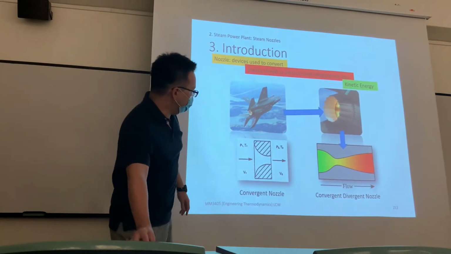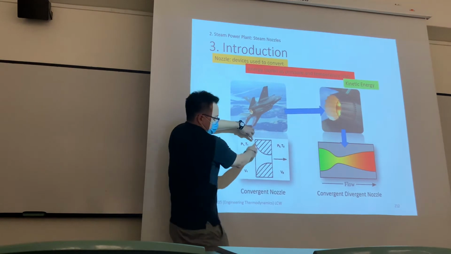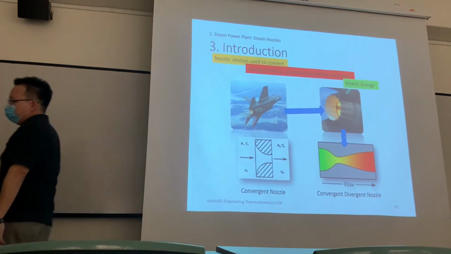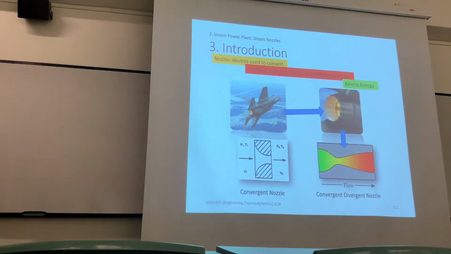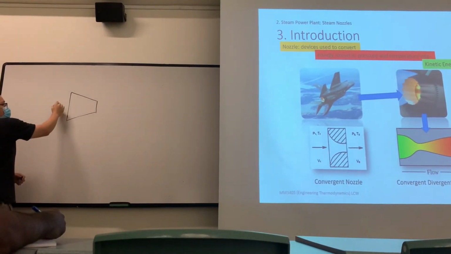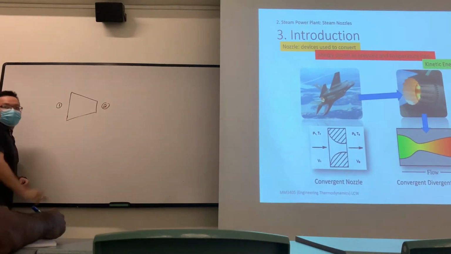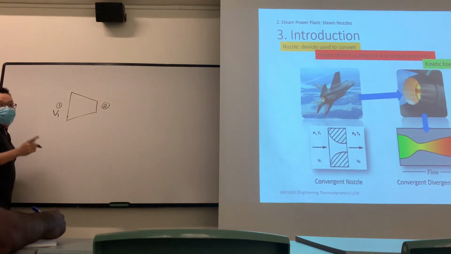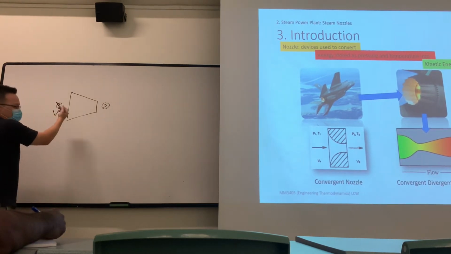When you talk about the convergent one, it means the cross-sectional area goes from bigger to smaller. This one all know. Based on your common sense, here is go in, here come out. When you go in here, let's say the speed is C1.